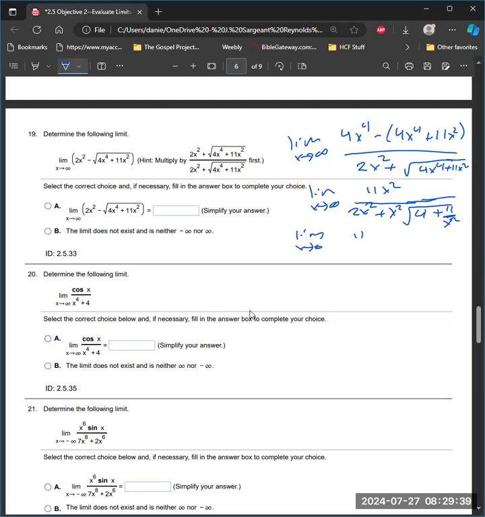It's going to be 11 over 2 plus root 4 plus 11 over x squared, which is 11 over 2 plus square root of 4. 2 plus 2 is 4, so this is going to be 11 over 4.